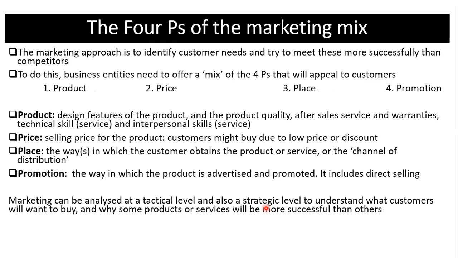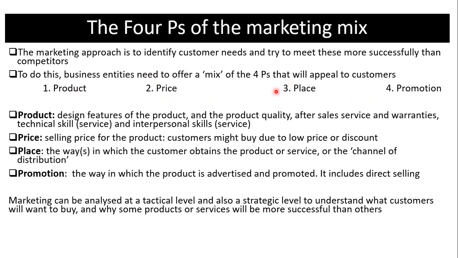Now let's look at what we refer to as the 4 Ps of marketing. Some other models would look beyond 4 Ps. They will say 7 Ps, but eventually the remaining 3, if you look at them critically, would also fall within these 4 Ps. So this is one model we can use to analyze the market of an organization. So we have product, price, place, and then promotion.